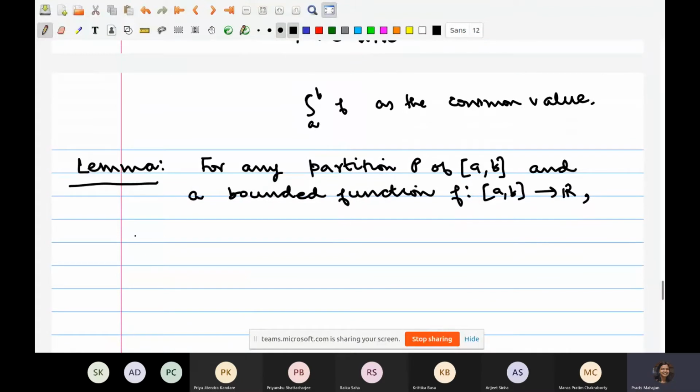Let me consider the lower sum corresponding to the partition P of the function f, L(P, f).